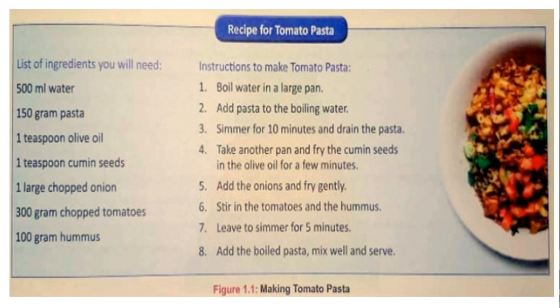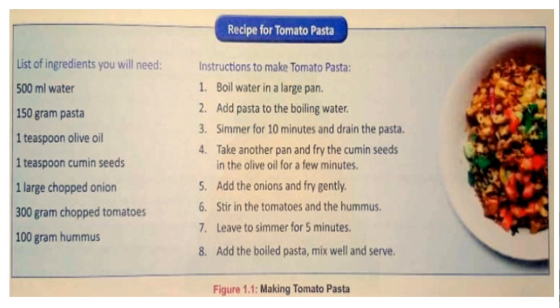The first instruction going on in our heads is that we need to boil water first, right? We need to boil water in a large pan, then add pasta to it, then simmer for 10 minutes and then drain the pasta.